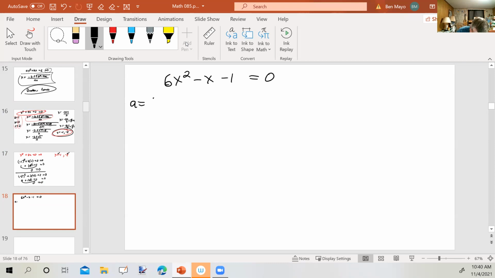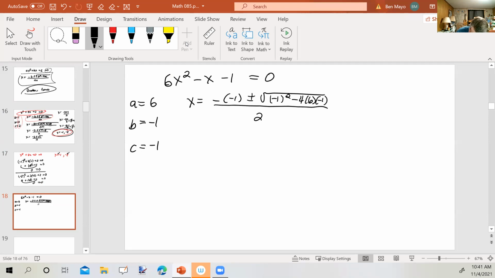So a is 6, b is -1, and c is also -1. x equals negative b plus or minus the square root of b squared minus 4ac all over 2a.